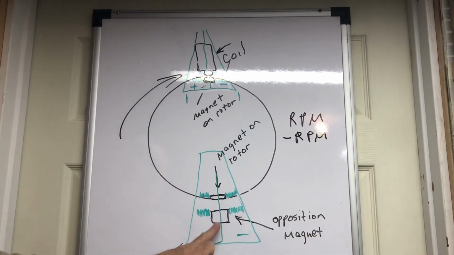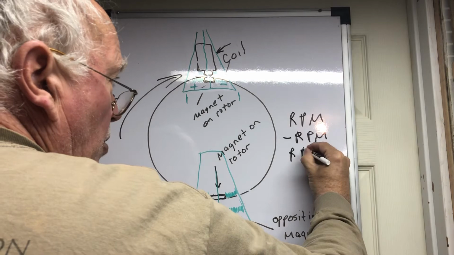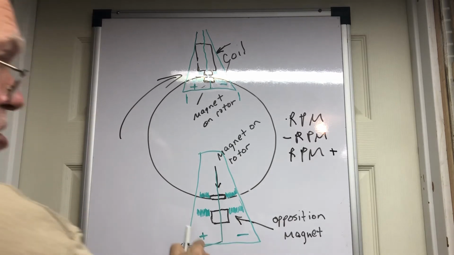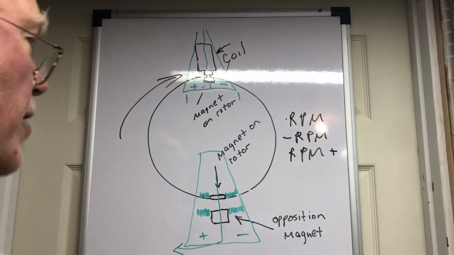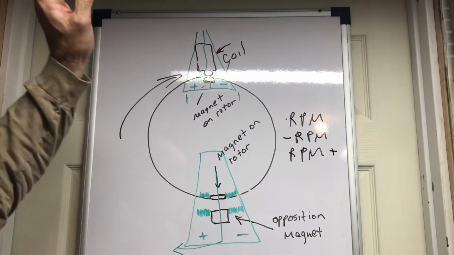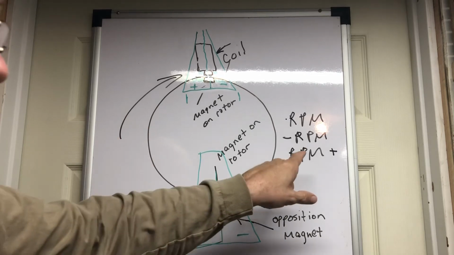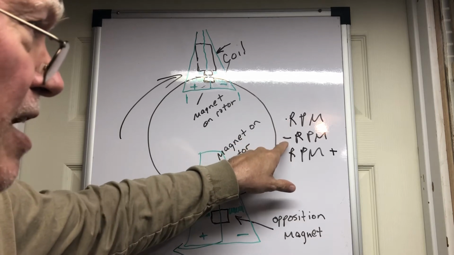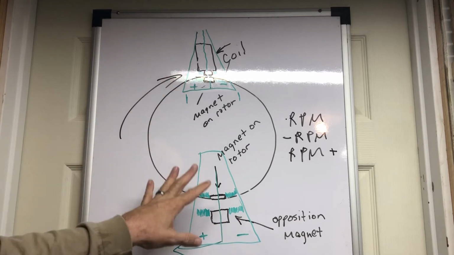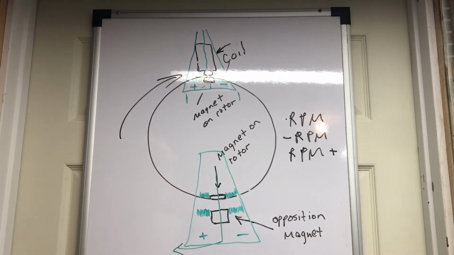When you introduce the opposition magnet, if you're able to bring the RPM of the motor back up to what it originally was, or more, because of this motive action, what difference does it make what size this field is, what size that field is? What difference does any of this make? All that matters is that you've gone from a negative reaction and you brought it back to either equal or a positive reaction taking place between the magnets and the coil and the magnet on the rotor. That's all that you really care about.